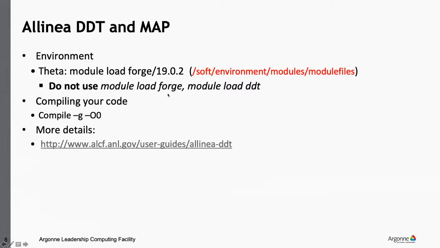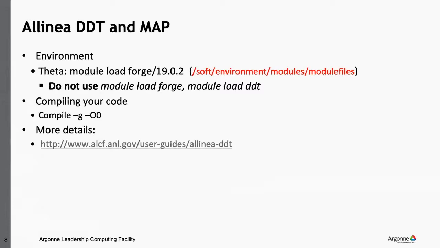So what I'm saying is don't just load module Forge without the version number. Don't load DDT. Those are going to pick up default ones that Cray distributes. We're trying to get Cray to remove them from our software stack, but the problem is that Cray supplies the entire programming environment as one giant blob, and they don't customize it for us.